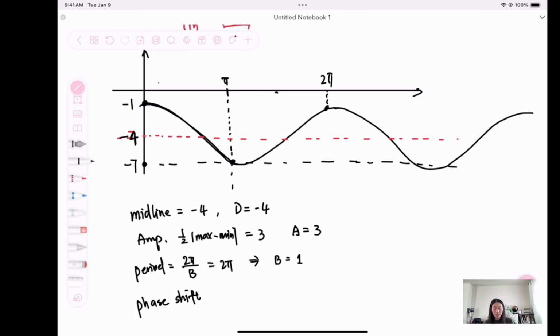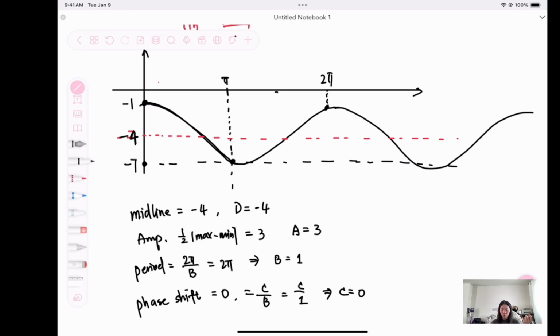They already give you the hint that this is going to be a cosine function, and as you can see, it starts at the highest point, -1, which means there's no shift. So the phase shift is equal to c divided by b, which is equal to 0. And then we substitute b equals 1, and solve for c equals 0.